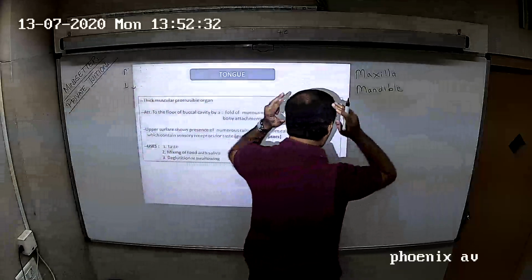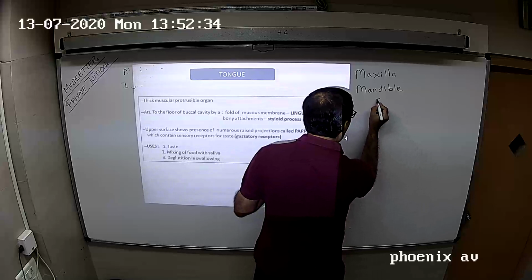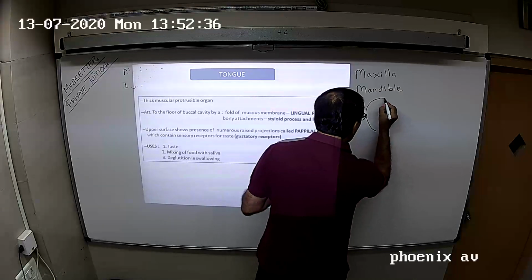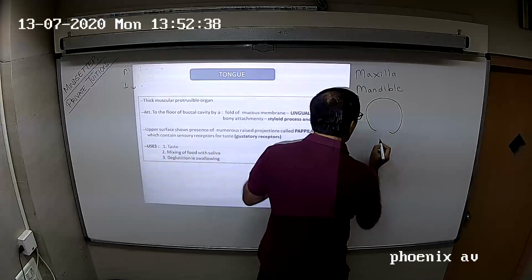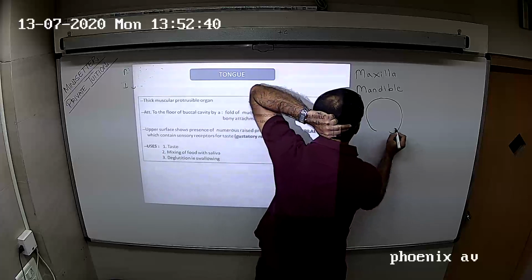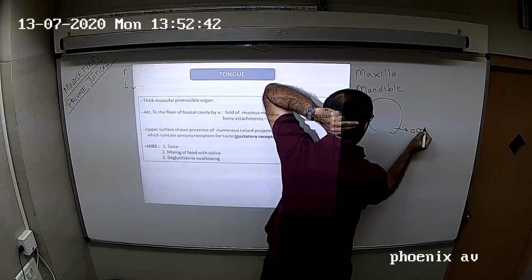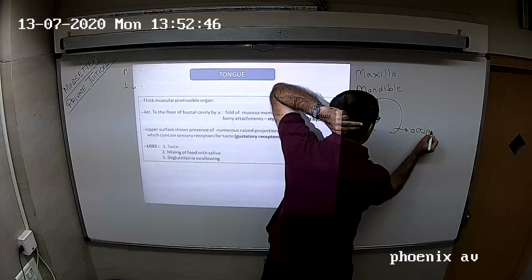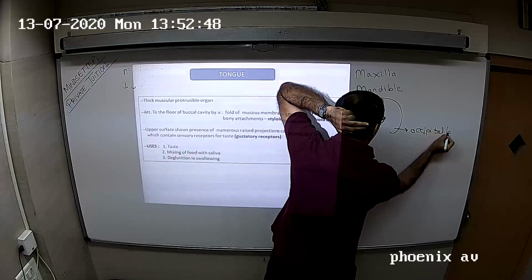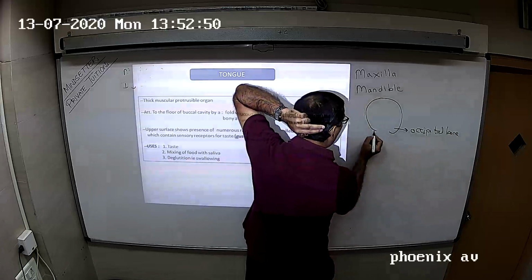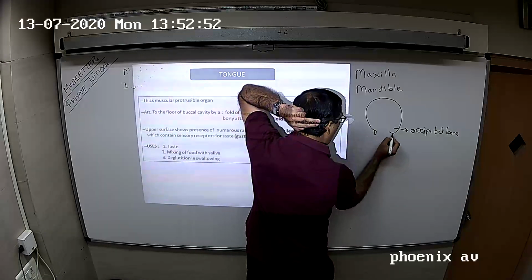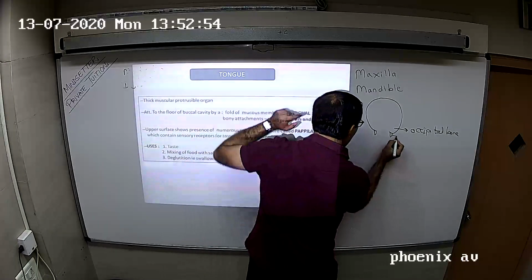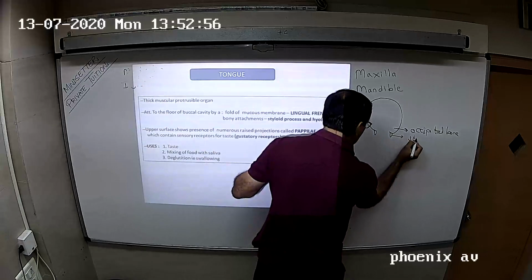Sir, this is your skull. Inside the skull, at the back, there is a bone called the occipital bone. So this is the occipital bone. And from the occipital bone, two projections come out, which are called styloid processes.